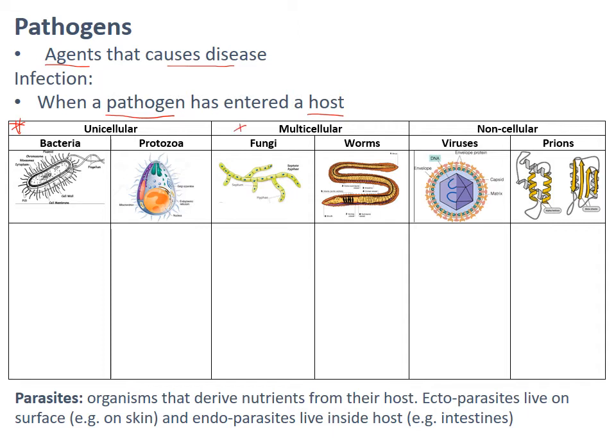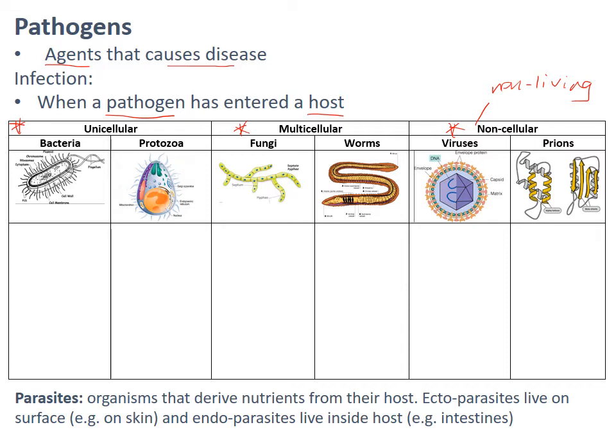We have a few multicellular pathogens, so they're made up of multiple cells. So they're a bit more complex than a unicellular pathogen. And then we also have non-cellular pathogens, or you could say non-living pathogens. And when we go through those, I'll explain what we mean by non-living pathogens.